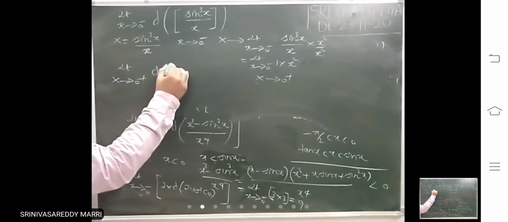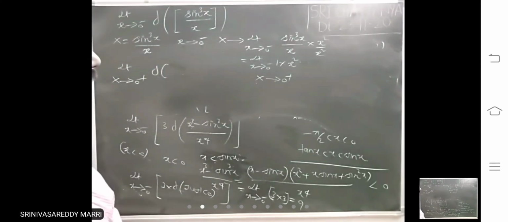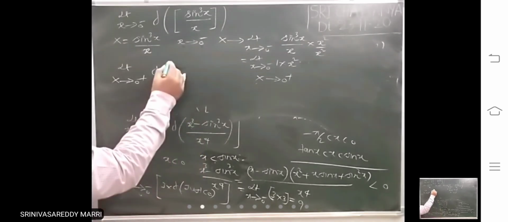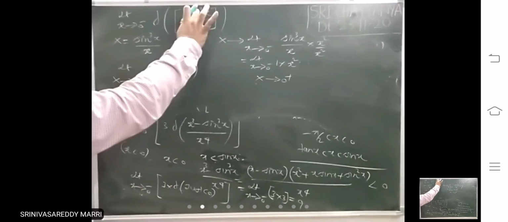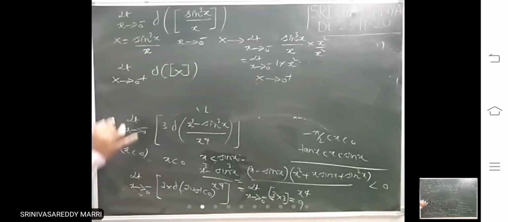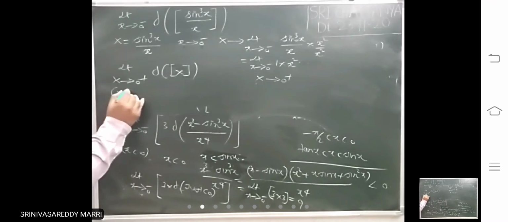So limit capital X tends to 0 plus, f of step of capital X. Now capital X is just greater than 0, say capital X equal to 0.0001.